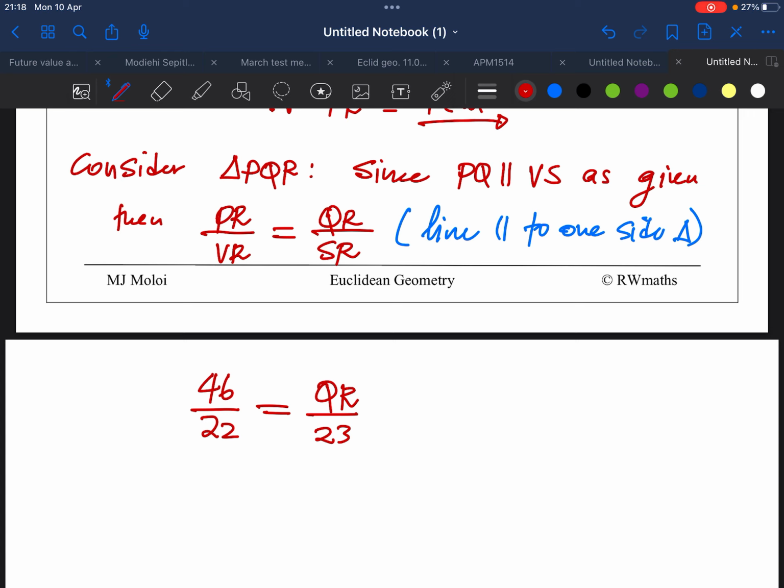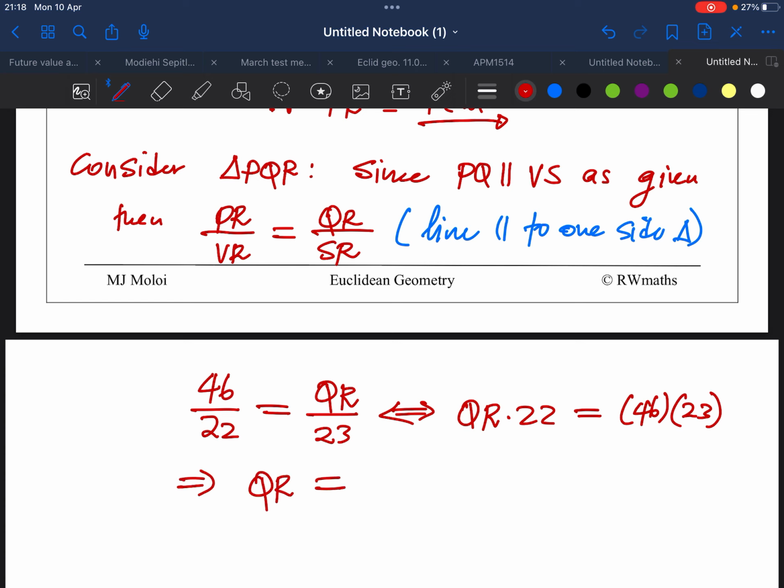So this is true if and only if what? We cross multiply now. QR times 22 equivalent to 46 times 23. So this implies that QR, we divide both sides by 22. So that's 46 times 23 divided by 22.